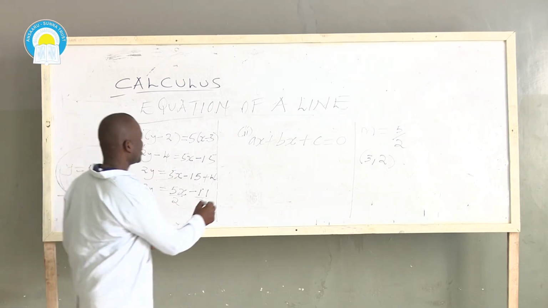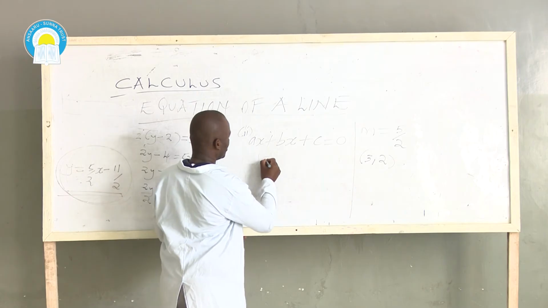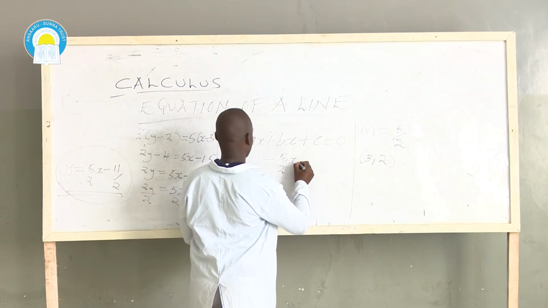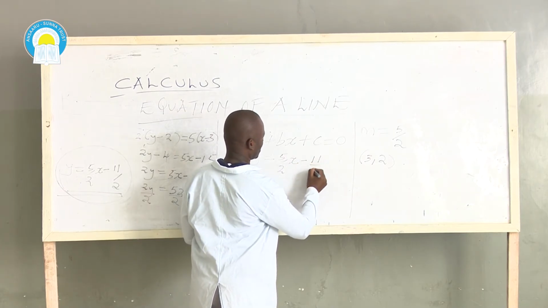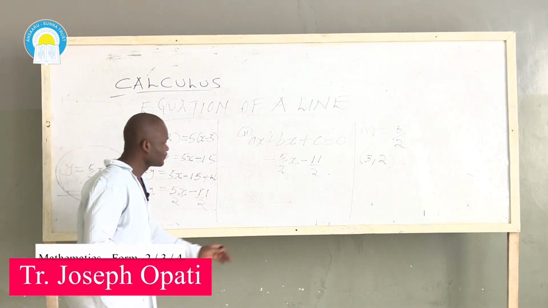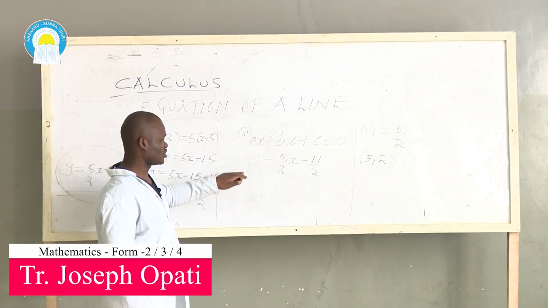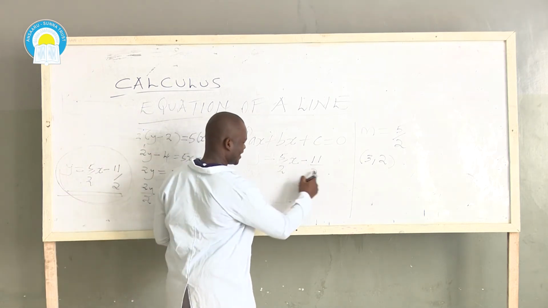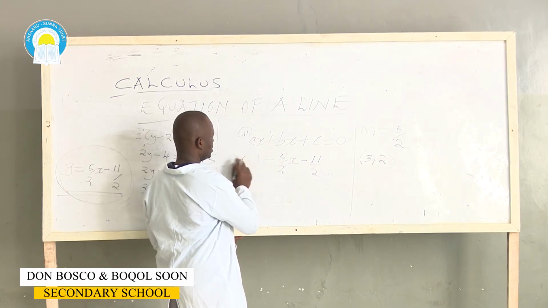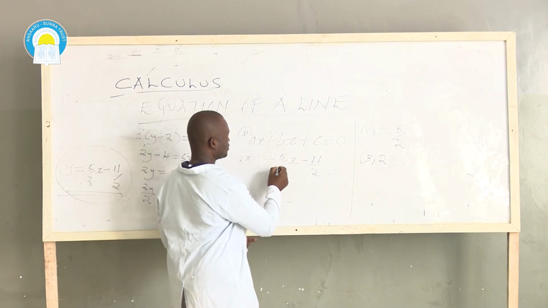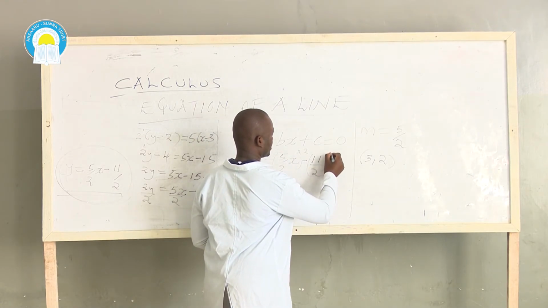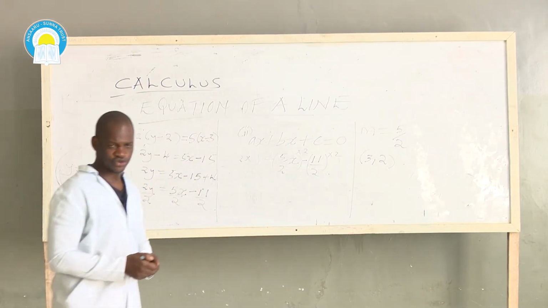So we just take our equation y equals 5 over 2 x minus 11 over 2. The first task here would be to do away with the fraction. So the LCM of this and that, of course, is 2. So multiply throughout, multiply everything by 2.